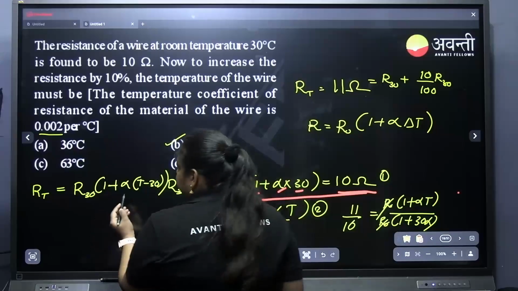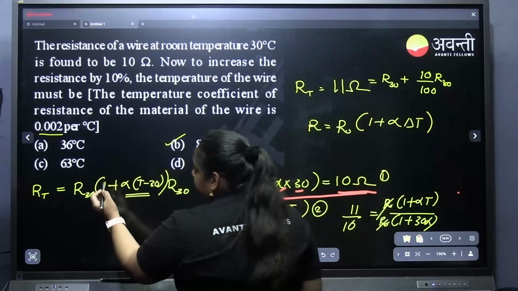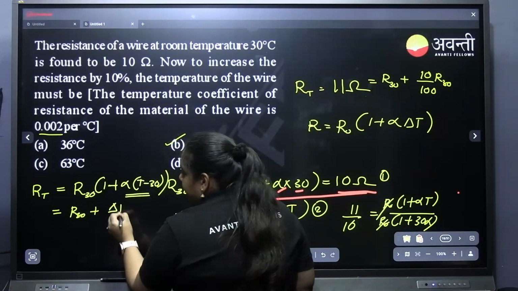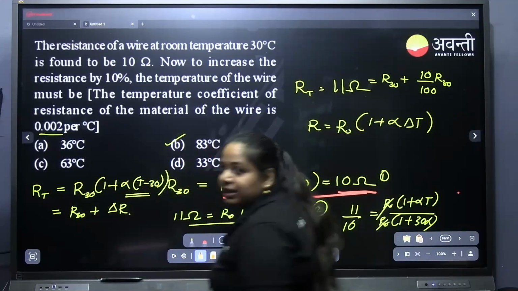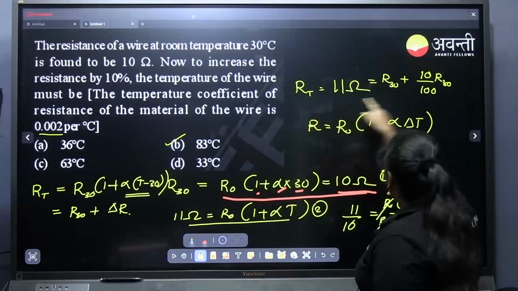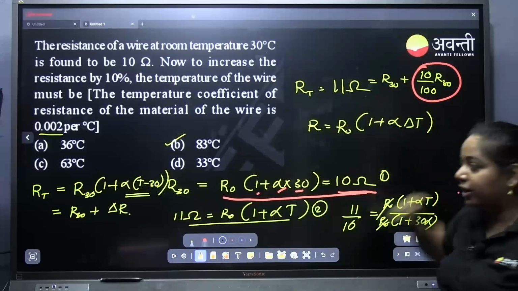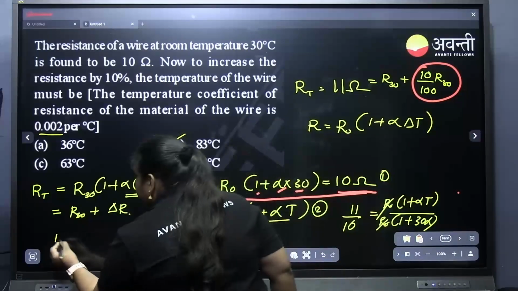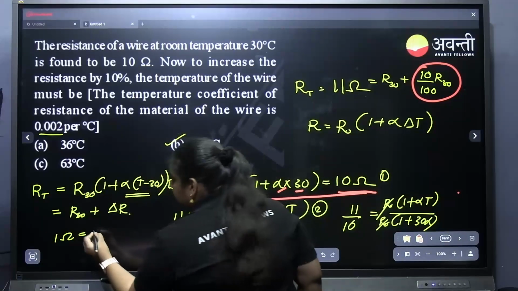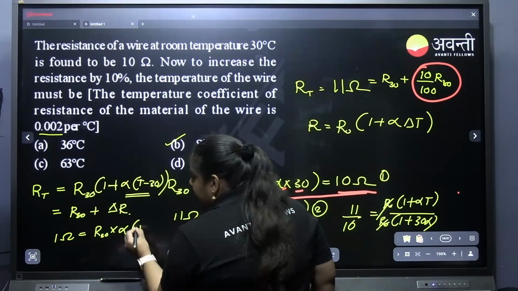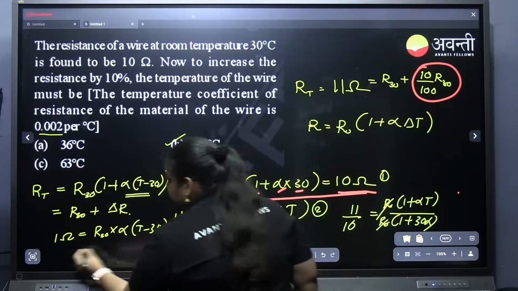In this we know that this is delta R. So this is basically R30 plus delta R, which will give us RT. Delta R is this value, which is nothing but 1 ohm. So we can say 1 ohm is equal to R30 into alpha (T minus 30).